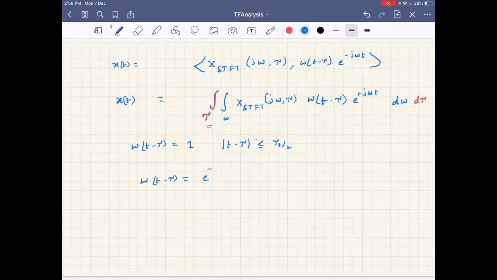So we may define this window function as a Gaussian window. It may be t square by some constant, with alpha greater than 0. I am putting these values for some reasons.